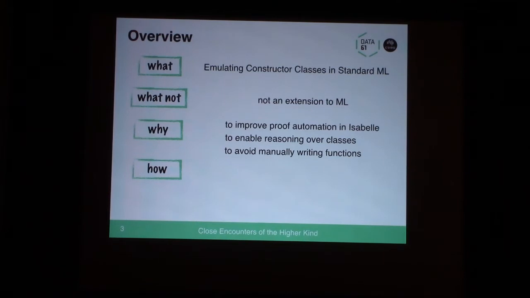And third, I wanted to avoid manually writing commonly used functions such as for them. Okay, ML doesn't support constructor classes natively, so I emulate constructor classes using ML's module system.